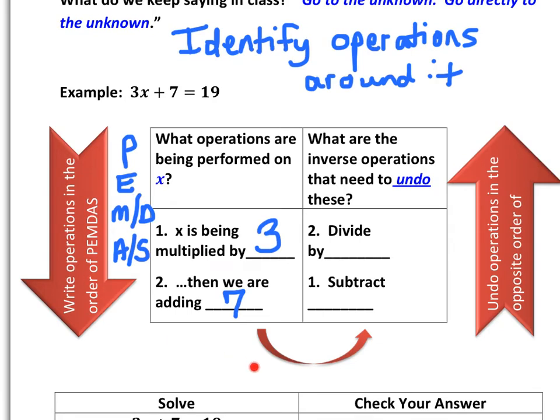So it's kind of like a big circle, okay? You're going to use order of operations to identify them, and then you're going to go in the opposite direction to undo them. So we're going to undo adding of 7 first by subtracting 7, and we're going to next undo the multiplication by dividing by 3.